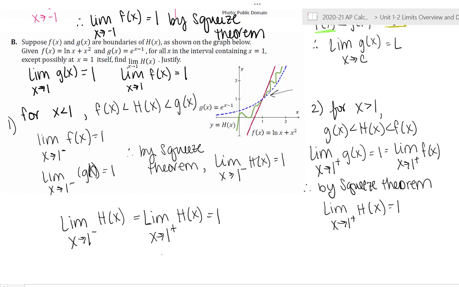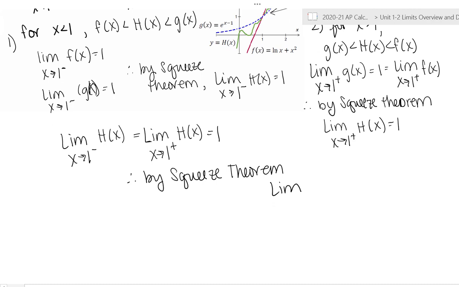There we go, that's better. So therefore, make sure we're saying that we use Squeeze Theorem to get this. Because we squeezed in between, the limit of h of x as x approaches 1 equals 1.